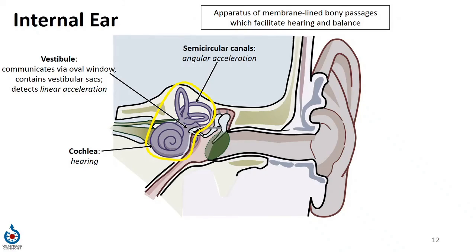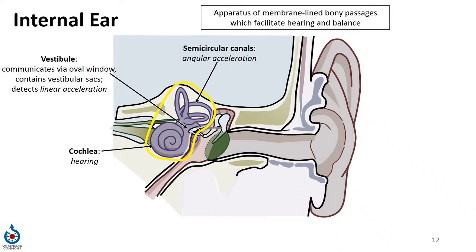The internal ear contains these apparatuses, which are membrane-lined bony passages, and they facilitate hearing and balance. So hearing is facilitated through the cochlea. You can think of a conch shell or a snail shell. That's sort of what this looks like. Then the semicircular canals are more so related to balance and specifically angular acceleration.